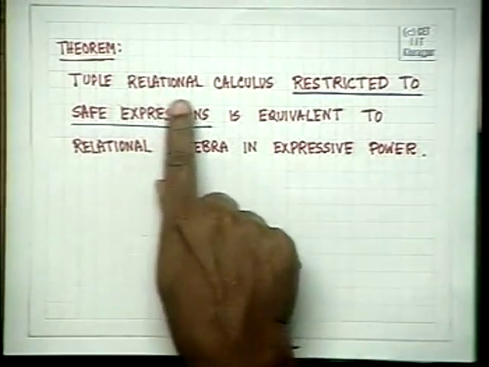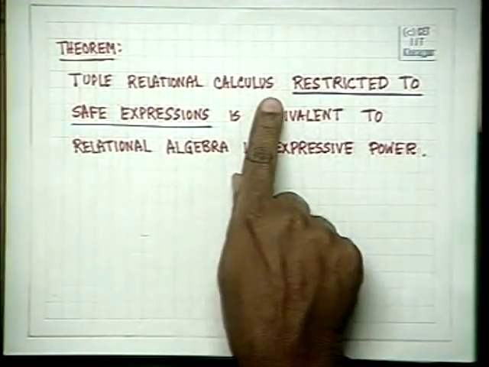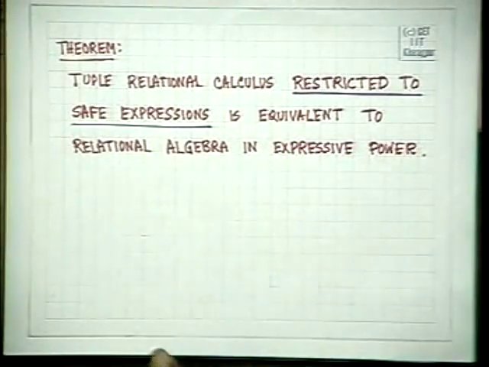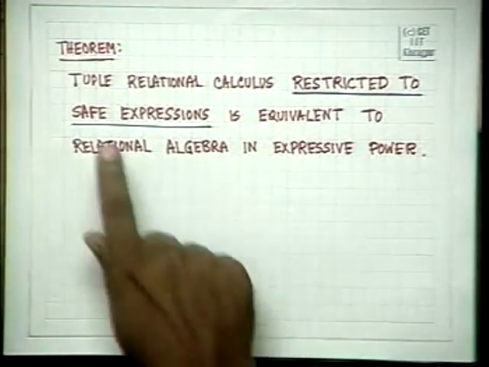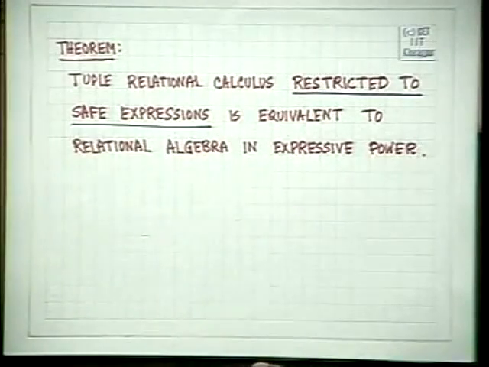And once we know the exact formal syntax of tuple relational calculus, we will see that the tuple relational calculus expressions are formed by a combination of two expressions connected by either or, not, and, or implies, and some of them may contain the there exists quantifier or the for all quantifier.